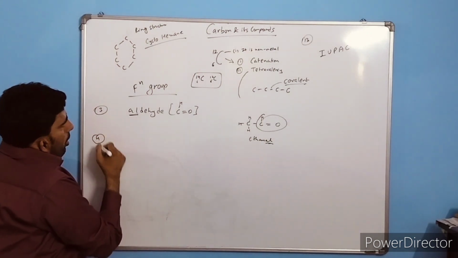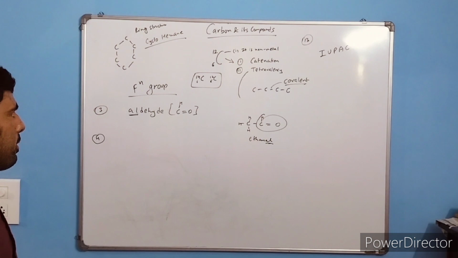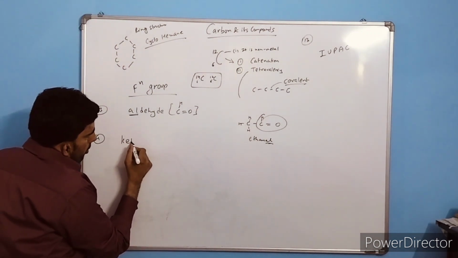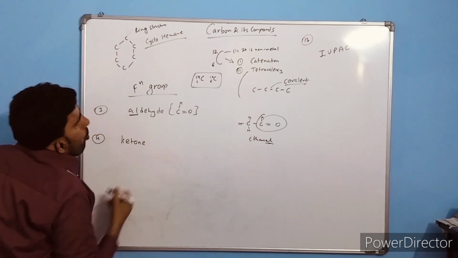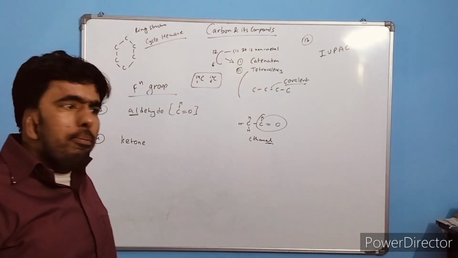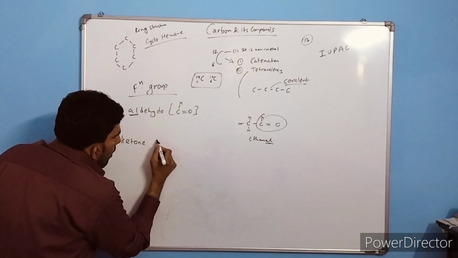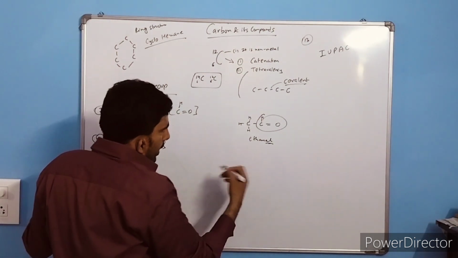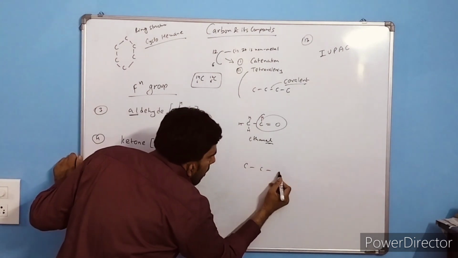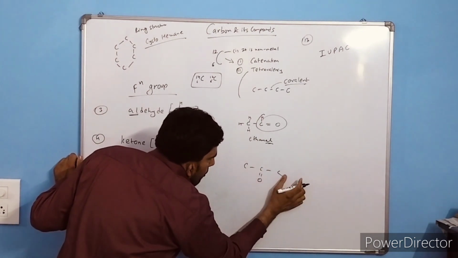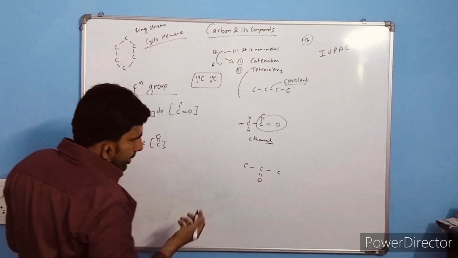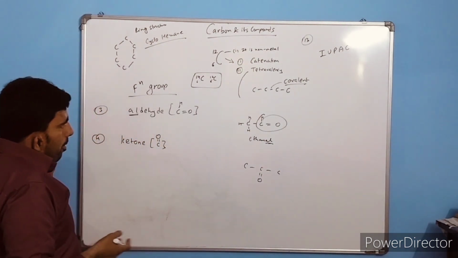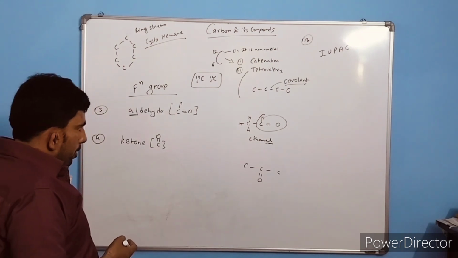Now the fourth one I am talking about is, after aldehyde, ketone. How will you identify the ketone group? That is how you identify. Now take an example. You can add H, we already know that. So now it's ketone.